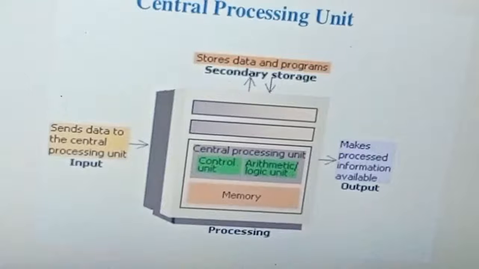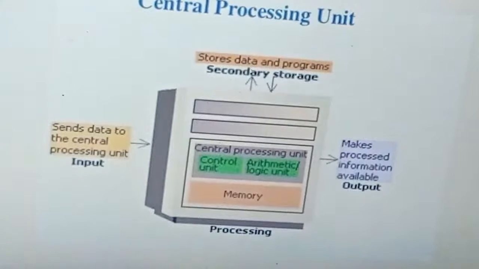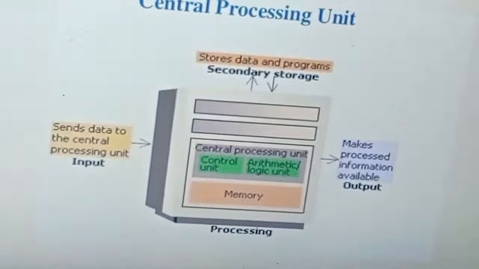Now coming to the third step, the arithmetic logic unit executes arithmetic and logical operations. For example, arithmetic means addition, subtraction, multiplication, and so on, and logical means AND, OR, NOT operations.